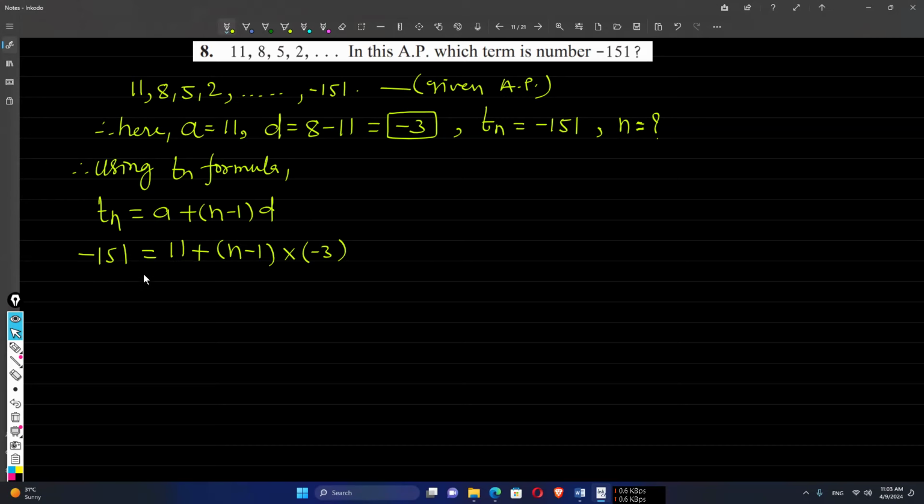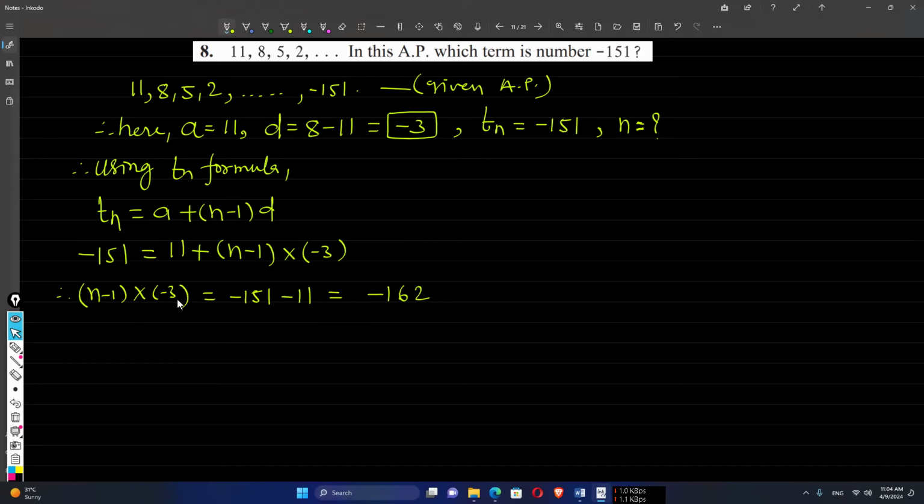Now I'm going to write this bracket, that is n minus 1 into minus 3, on the left hand side. So n minus 1 times minus 3, and this 11 will go to the other side and become negative. So minus 151 minus 11 will give us the number minus 162. All right, so n minus 1 times minus 3 is equal to minus 162.